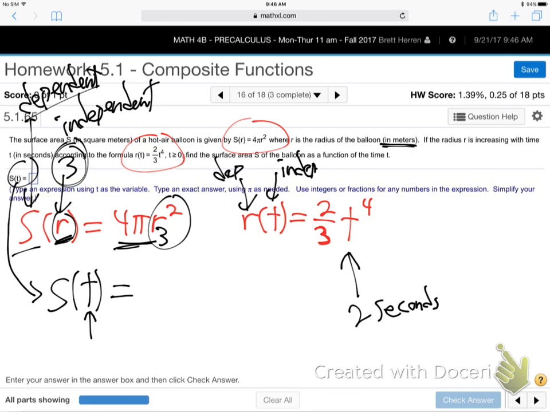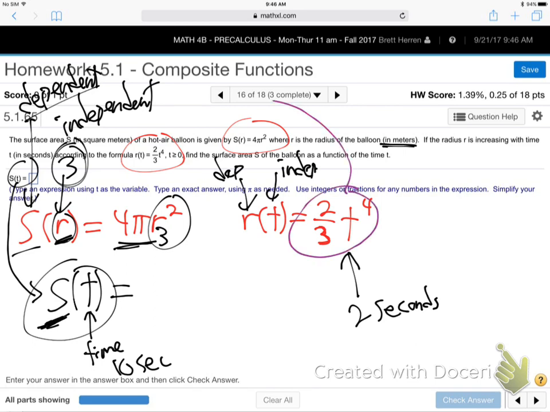Okay. Now, what they want here is the surface area at any time. That's what you'd really want to know, right? Start the pump going. I want to know 10 seconds later how much surface area there is. How are you going to do that? Well, it's all a bunch of fancy talk for saying take this and put it in there.